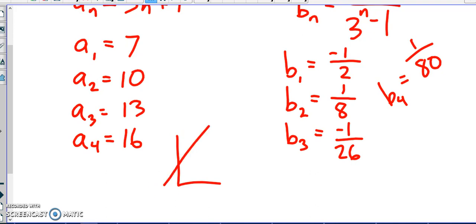But if you're plotting a sequence, it's not going to be a continuous function because it doesn't have a domain of all real numbers. It has a domain of the integers. So instead of a graph that looks like that, it would have a graph that looks more like this, where you've got what's called a discrete set of points spread out that represent each one of the terms in the sequence.